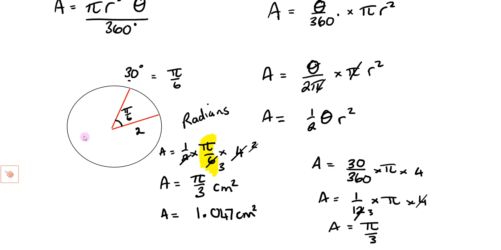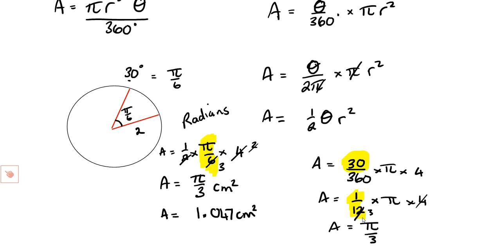When was the angle dealt with here? This was the angle, wasn't it? The angle was part of a fraction. And when was it dealt with? It was dealt with when we turned it into a 12th of. So why is it 30 divided by 360? It's specifying that specific sector of the circle.